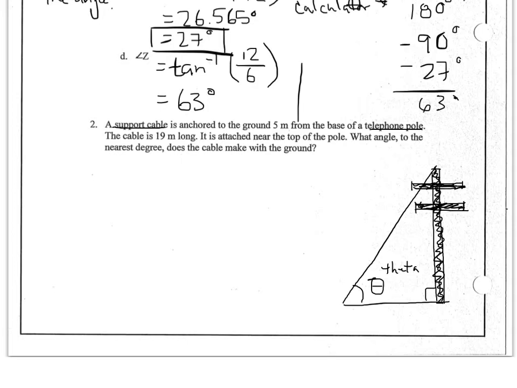Okay, theta. I know from the question that the cable is anchored to the ground 5 meters from the base of the telephone pole. So this is 5 meters. I know the cable is 19 meters long, so the hypotenuse of my triangle is 19 meters. And it says, what angle to the nearest degree does the cable make with the ground? So we're solving for theta.